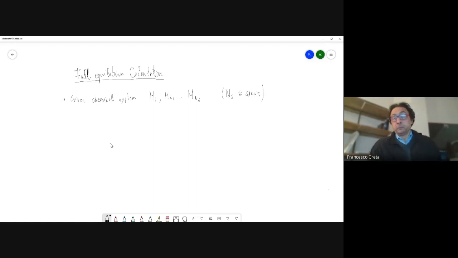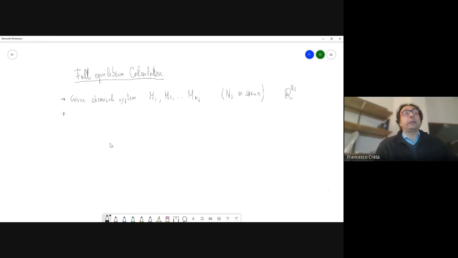So a point in this space here will give me, for example, the composition. So we're in sort of this NS dimensional space, so to speak. What are we given? Well, we're given the number of species.